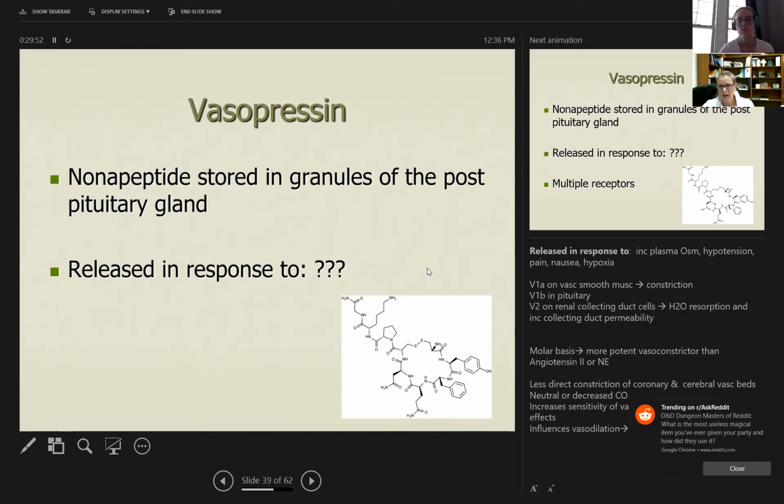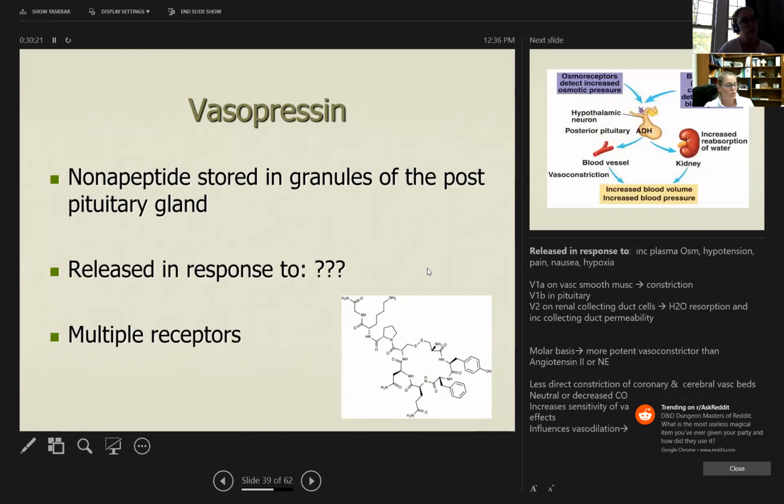So obviously shock, dehydration, alterations in serum sodium and serum osmolality, pain, anxiety, nausea, respiratory compromise of any sort. The list really goes on and on. So our bodies use vasopressin in basically any sort of stressful situation.